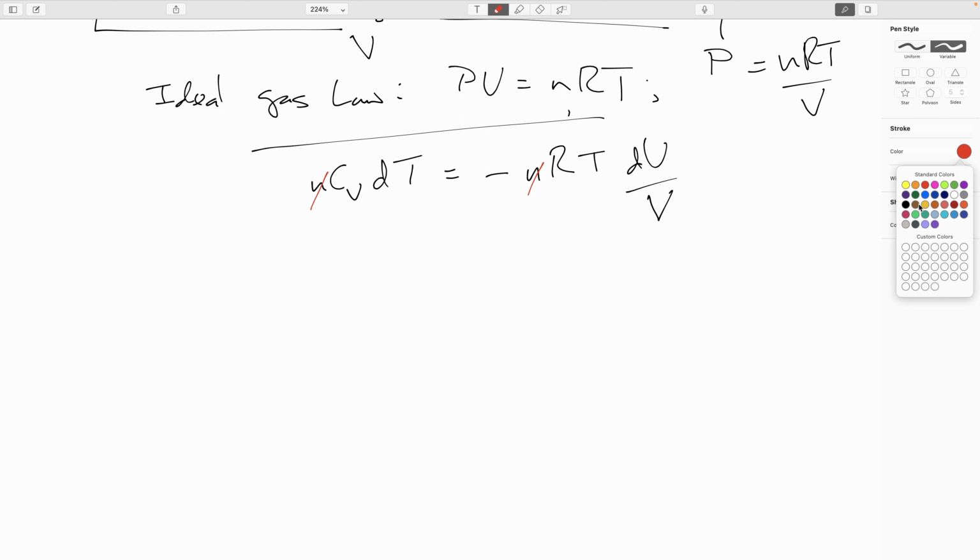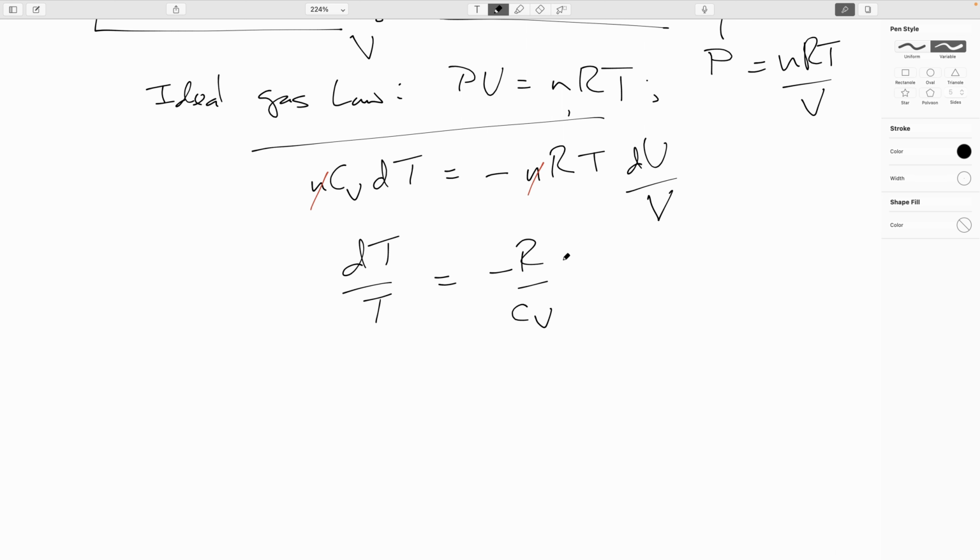So dividing both sides through by T and Cv, I get that dT over T is equal to minus R over Cv dV over V.